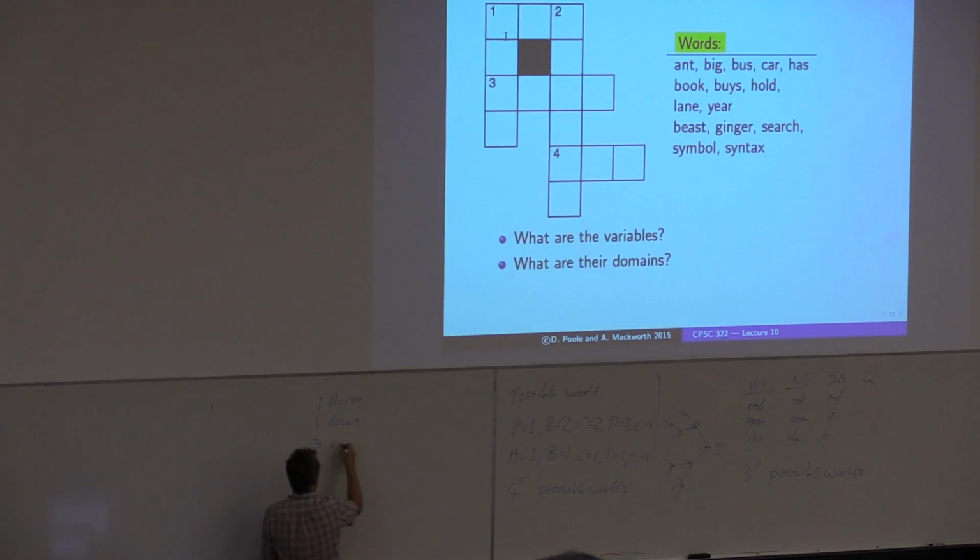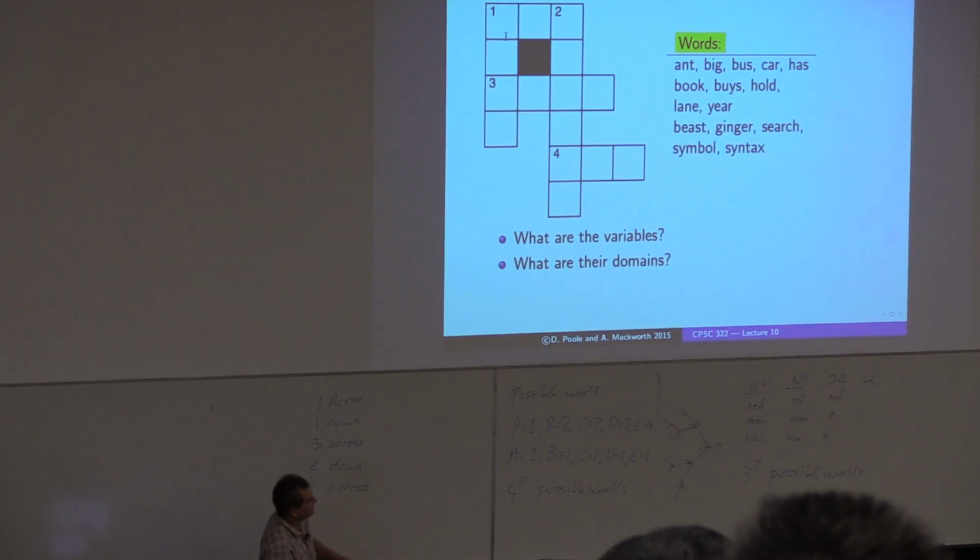3 across. 2 down. I can't read it. What's the other one? Okay, and how many values can this have? 1 across. So what's the domain of this? Right, it has to be 3 letters.